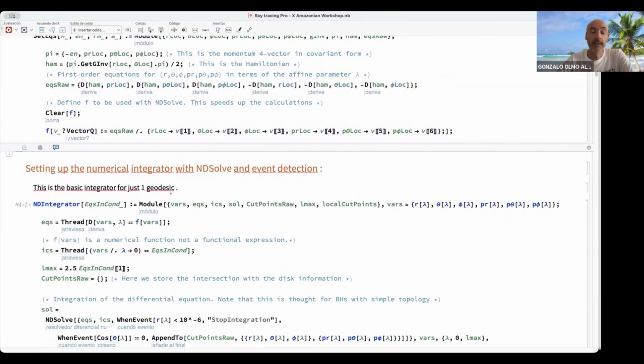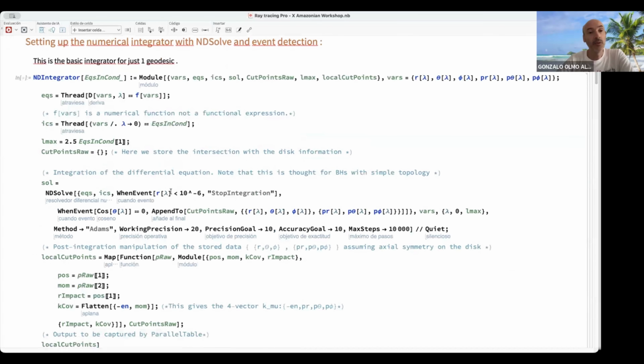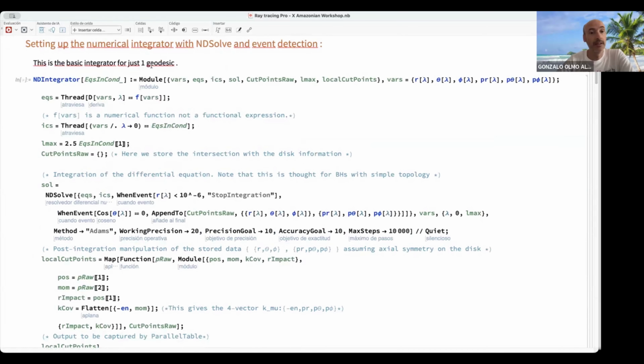And now we define, like before, the integrator of one geodesic. The integrator of one geodesic has exactly the same logic as before. The integrator is now called only with this input, the initial conditions for the equations. Everything else will be provided in a more efficient way.